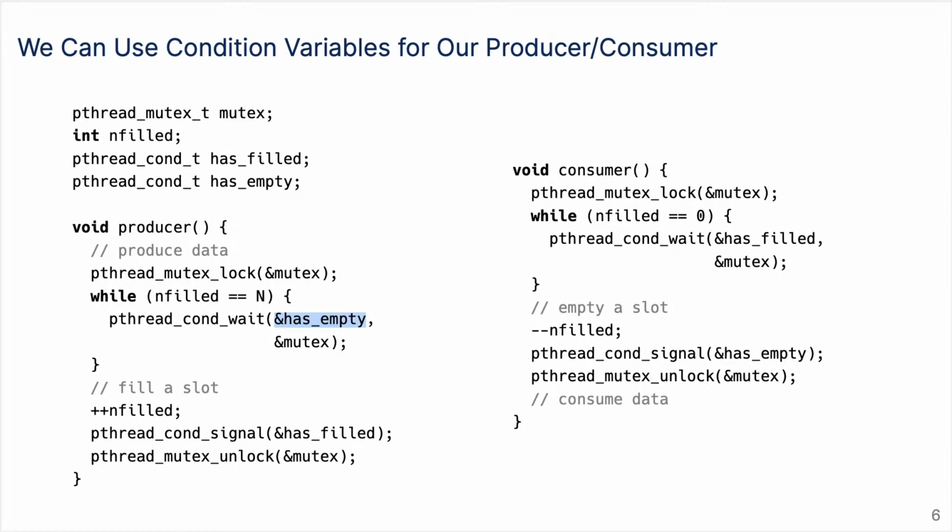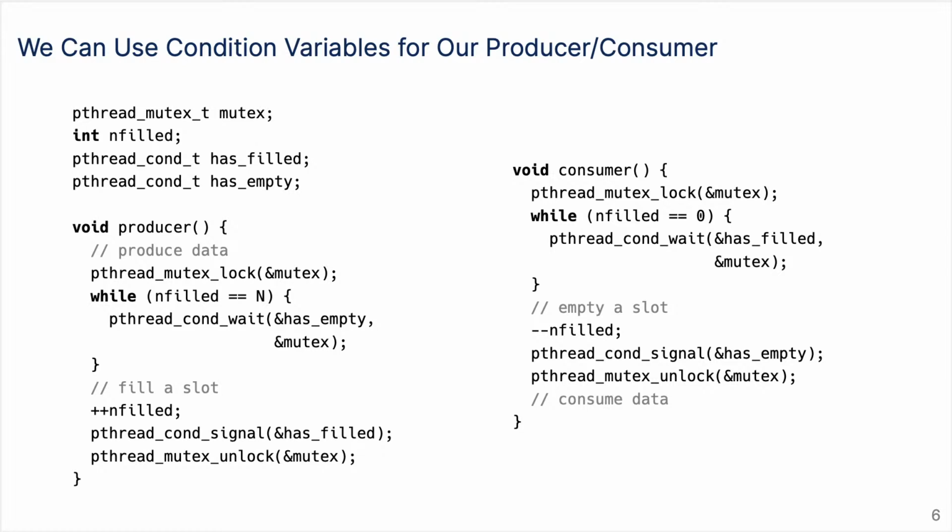That queue is just the number of threads waiting on at least one empty slot. Then, after I fill the slot, I would increment the number of filled slots because I just filled a slot. And then I could signal any threads that are waiting for a filled slot, which would be the opposite thing you'd be waiting for. And then unlock my mutex.